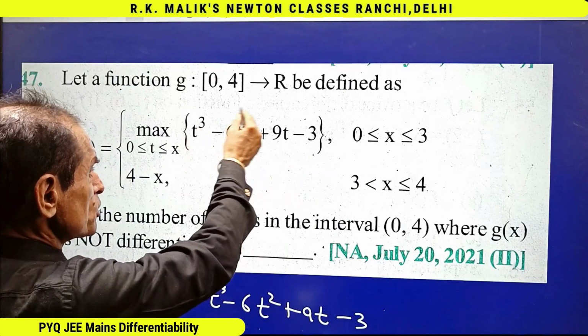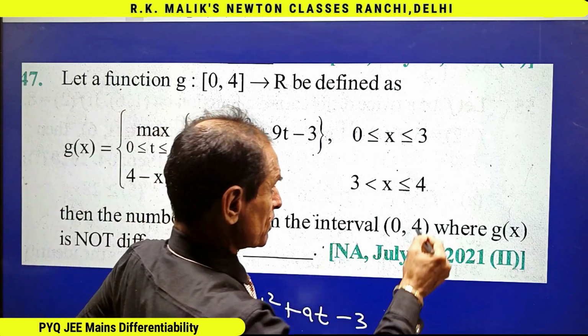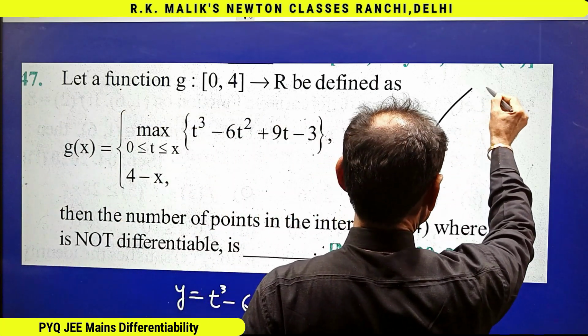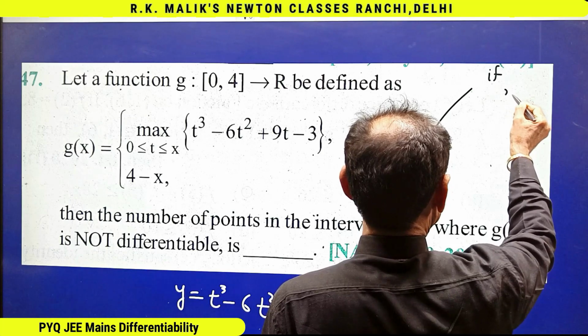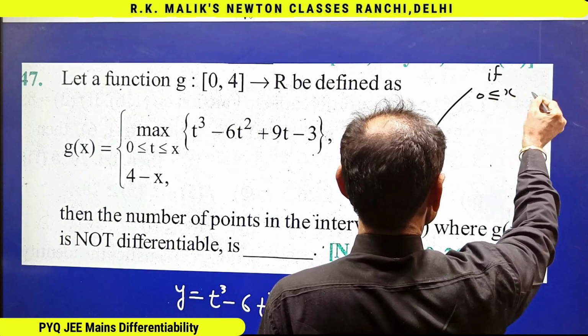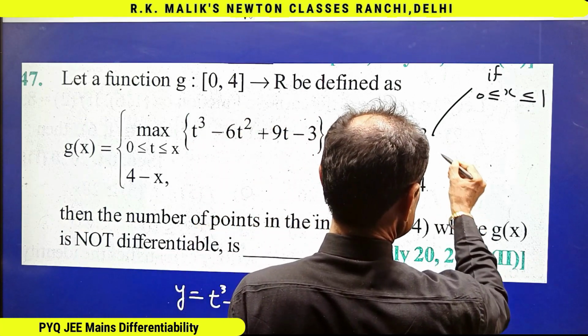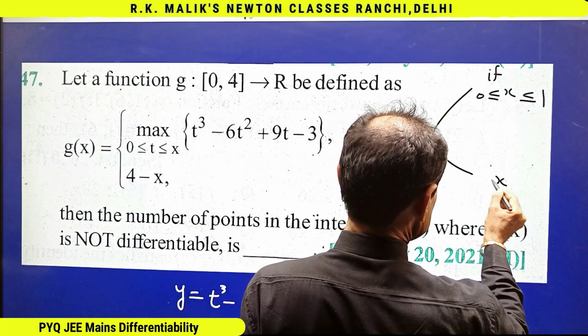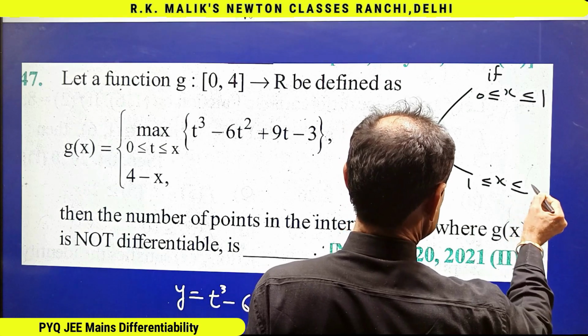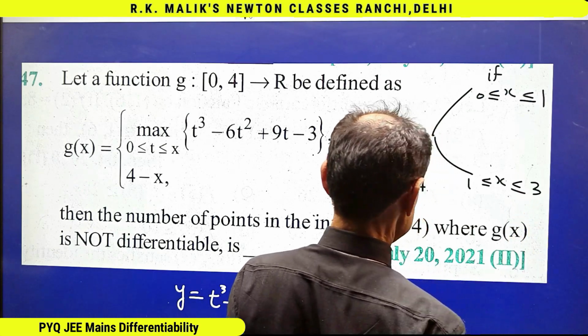Hence, this portion will be broken into two parts. The first part is if x lies between 0 and 1, and the second part is if x lies between 1 and 3.